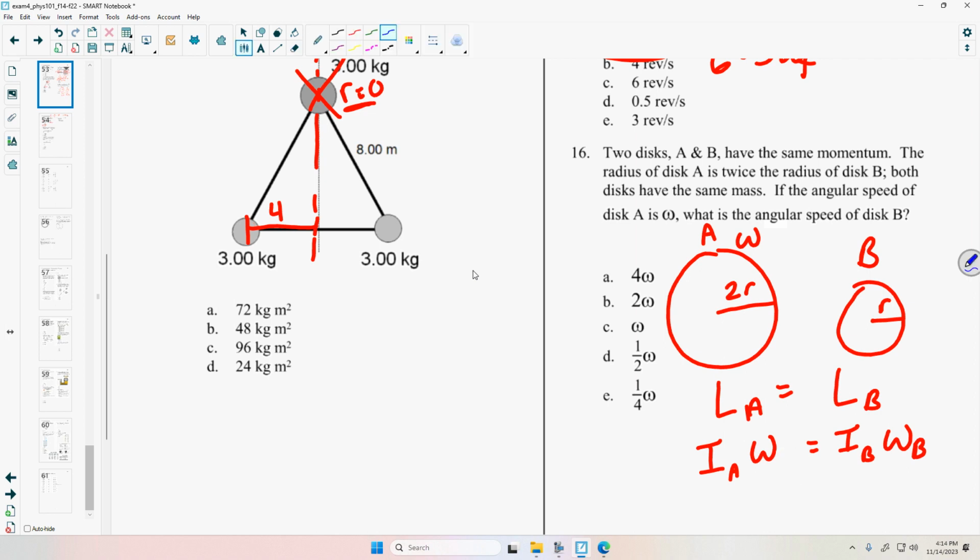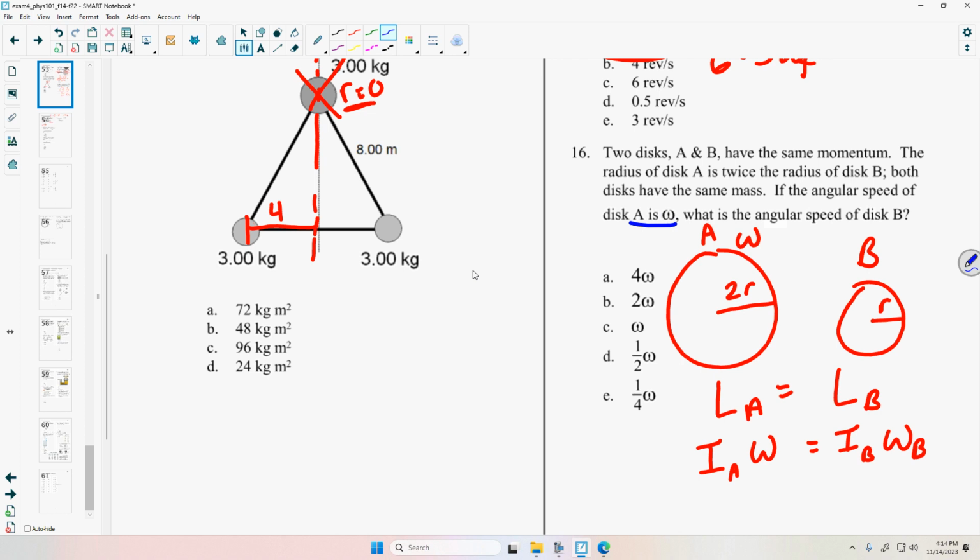That's what I said up here. So is disk B, first of all, going to be going faster or slower than disk A? You were right. Faster. It's like the dancer or ice skater that pulls her arms in. She gets a smaller moment of inertia, so she's going to be going faster.